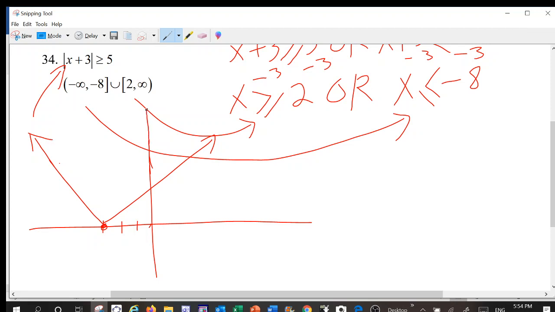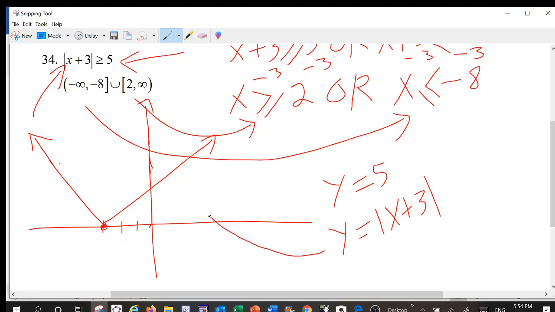Now the right hand side is just the straight line y equals 5, the left hand side is y equals absolute value of x plus 3. So we graph the absolute value here, right?